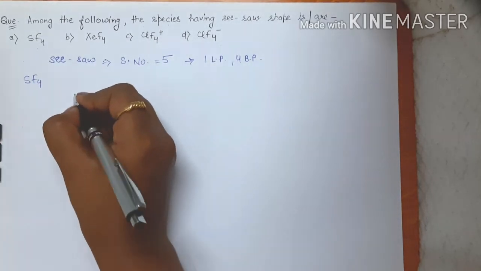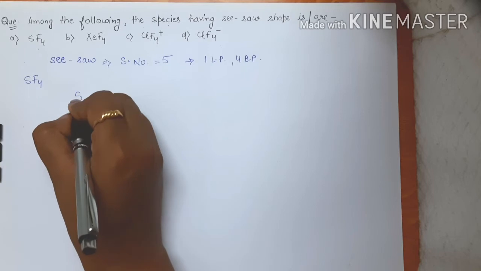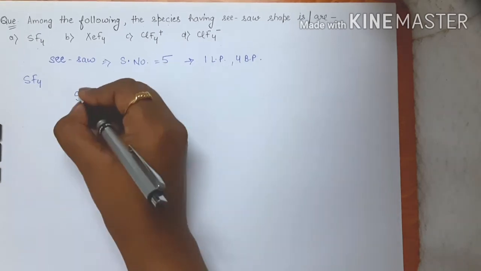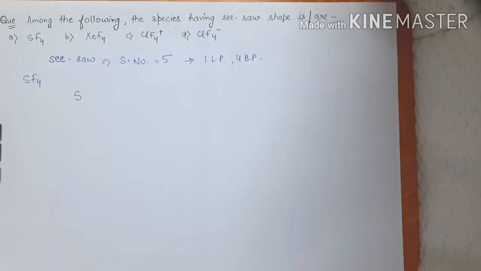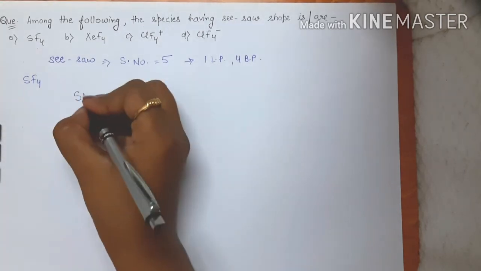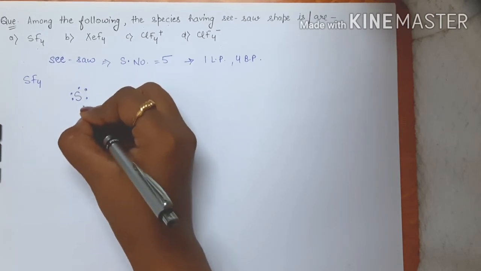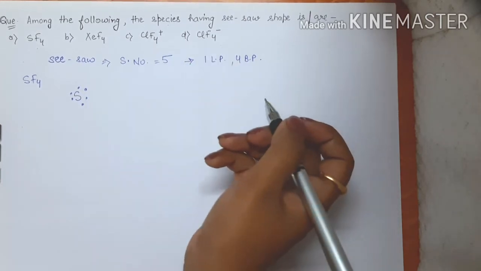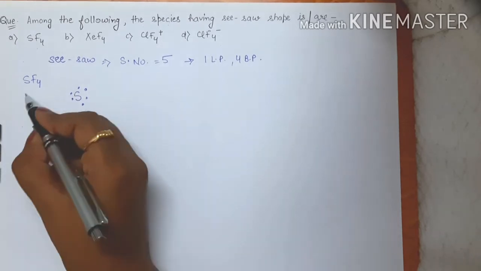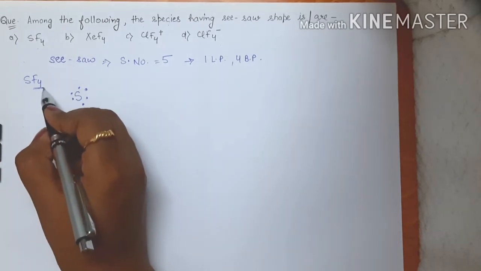Now here central atom will be sulfur. Sulfur belongs to oxygen family, so it will be having 6 electrons in the valence shell. Now this sulfur is attached with 4 fluorines.